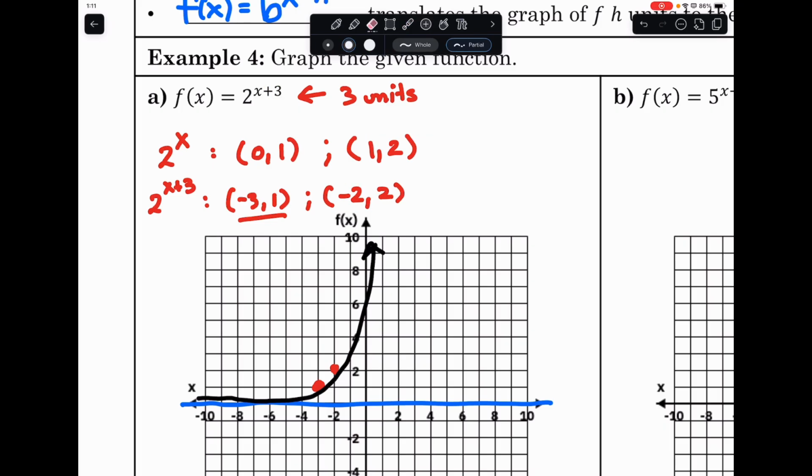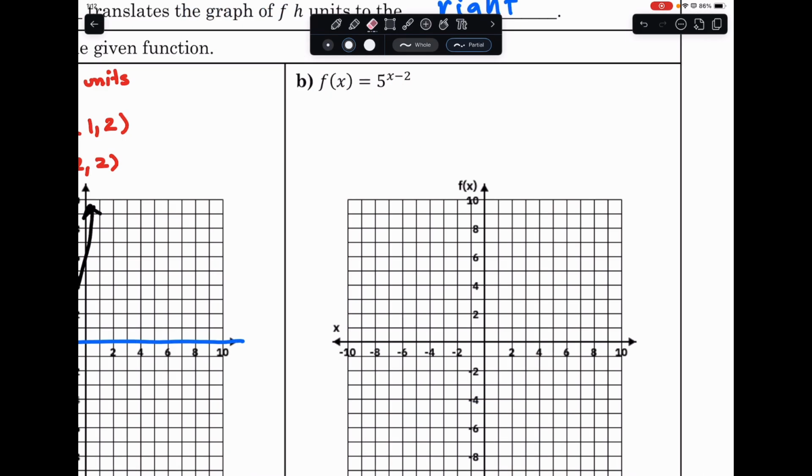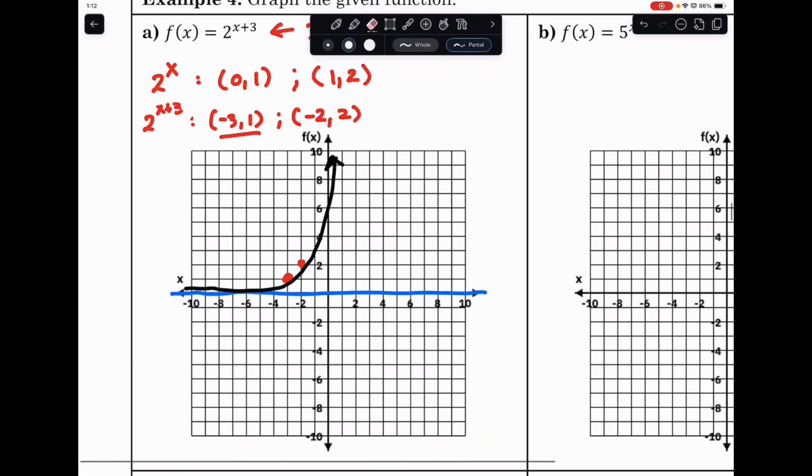So those are the coordinates for this graph here. Connecting those 2 points again with an exponential curve will make the graph move up. And on the previous example, when I said move up, I meant like it's growing up. It's increasing. It's moving in this direction, like it's increasing like that. Okay, not like we're shifting it up.